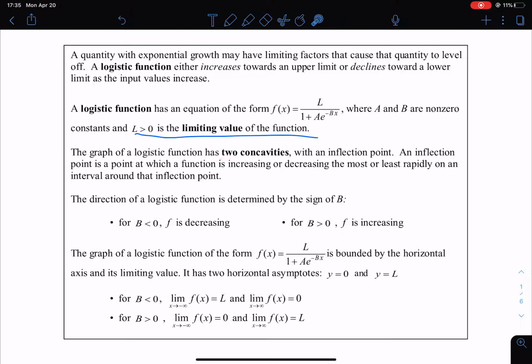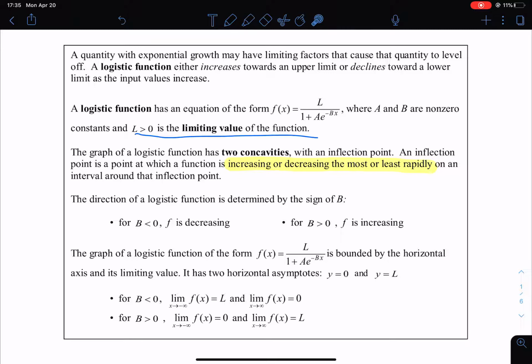So an inflection point is the point where the function is increasing or decreasing the most or the least rapidly on an interval around the inflection point.